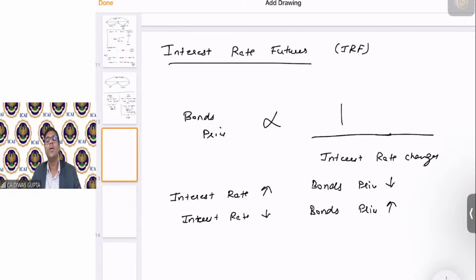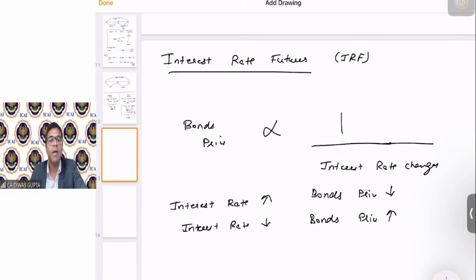Okay. So in a way, what I'm trying to say is that market is not having anything called as FRA equivalent futures. It always has bonds futures. So what we do is we use those bonds futures to hedge against the interest rate movements.